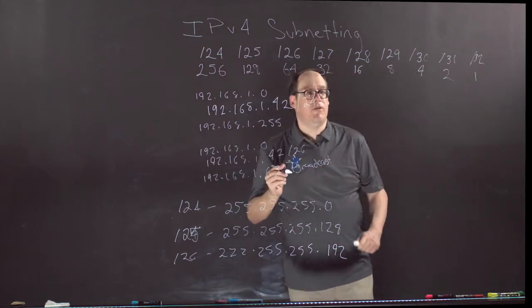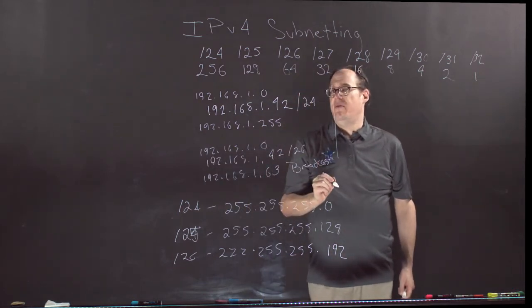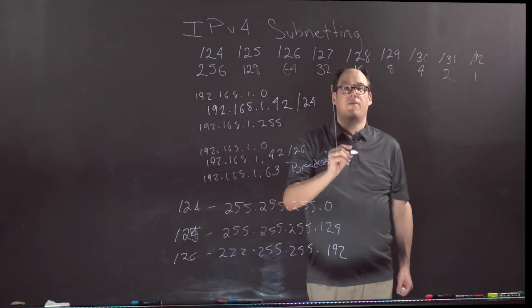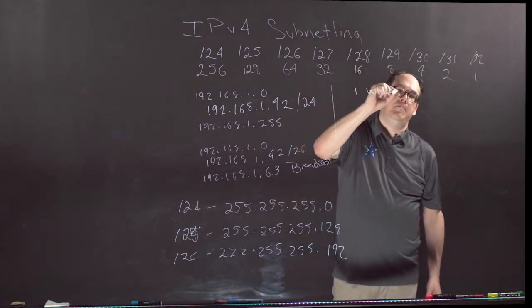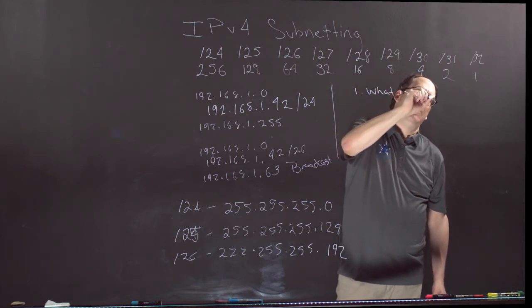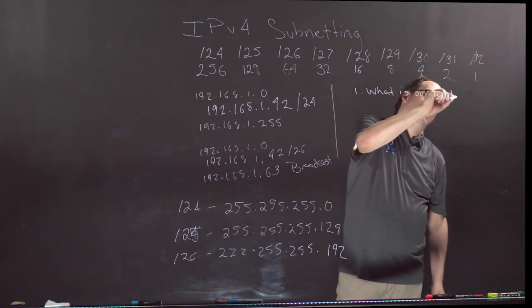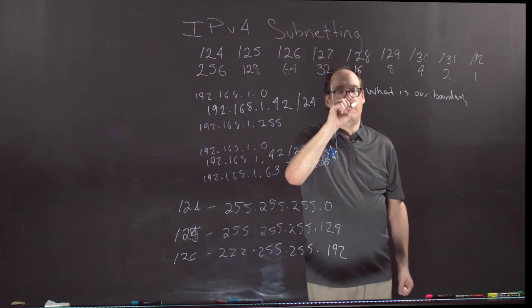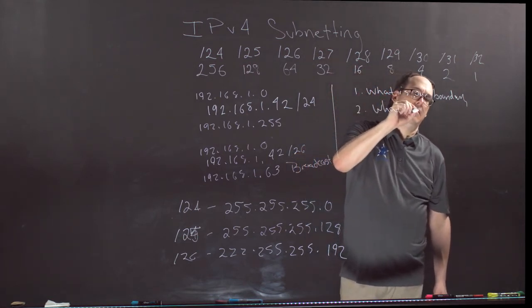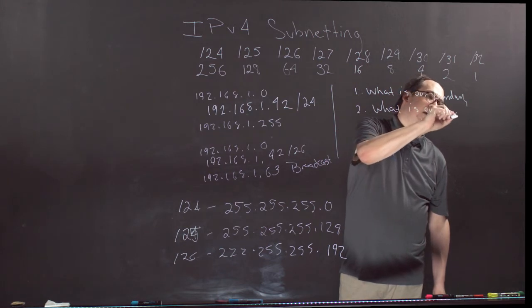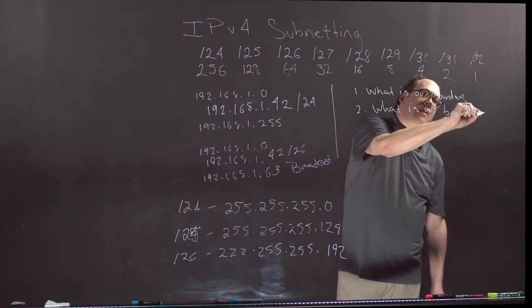So remember, I'll go over it one more time. When we take this network, we first determine what our boundary is. Two, what is our broadcast? Remember, the broadcast is always the last address.